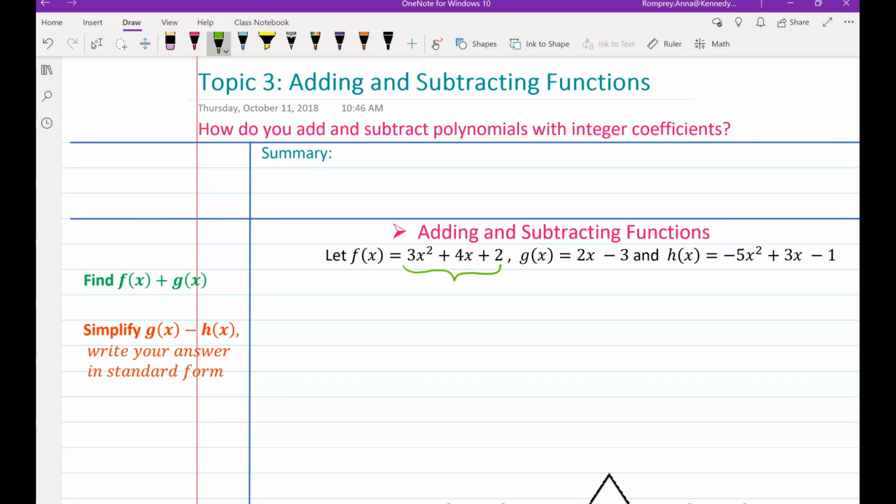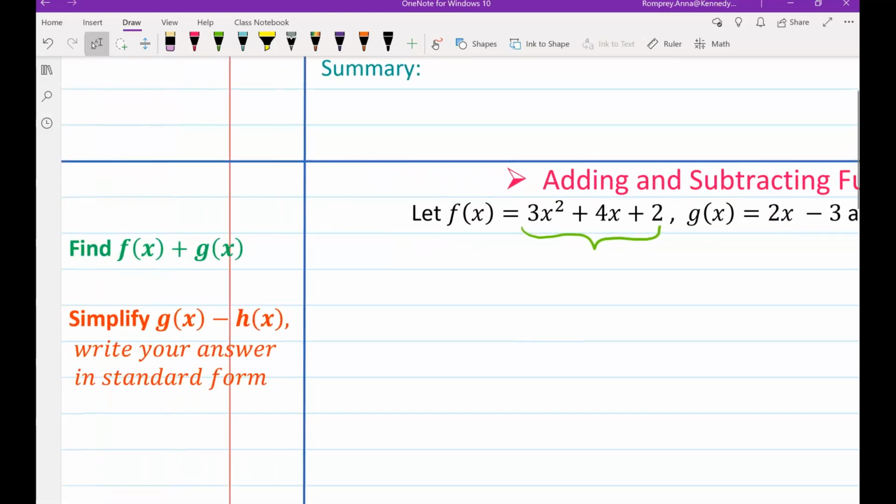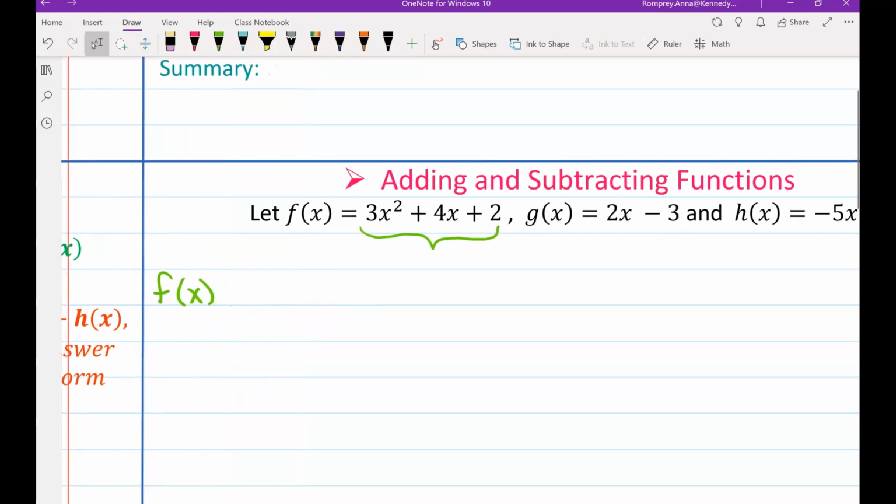So we're finding f of x plus g of x. So g of x is equal to 2x minus 3. So let's go ahead, plug it in, and simplify.